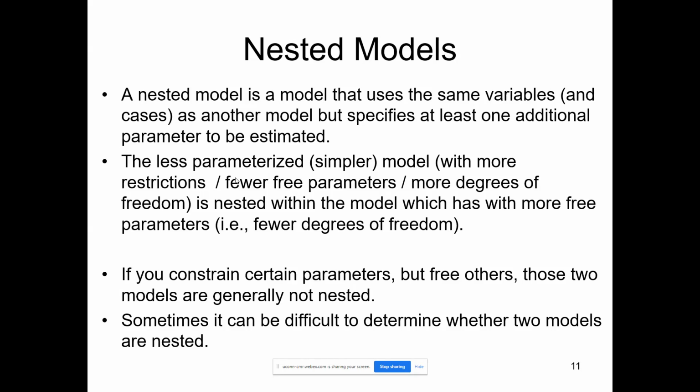And actually, we're striving for a low chi-square. So the fewer parameters you estimate, the simpler the model is, the higher the chi-square is going to be. And the more parameters you estimate, the lower the degrees of freedom and the lower the chi-square is going to be.